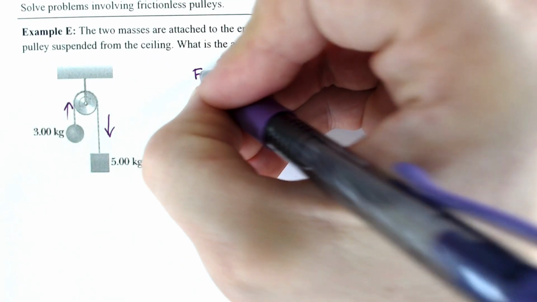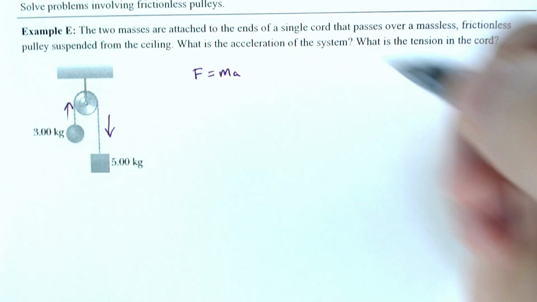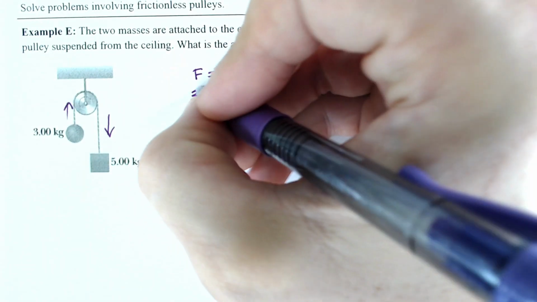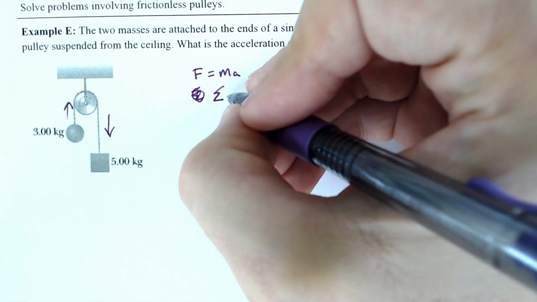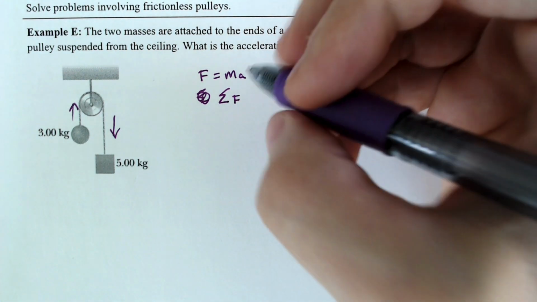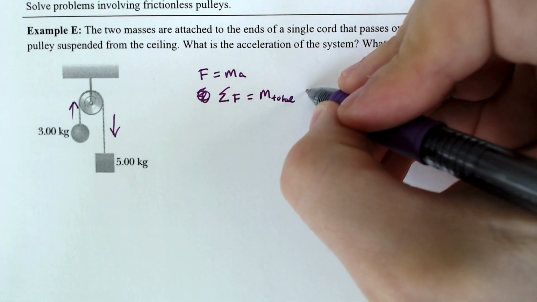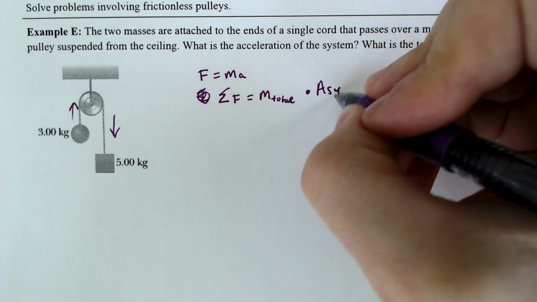And remember that force is equal to mass times acceleration. Therefore, the sum of all of your forces will equal the mass of the total system times the acceleration of the system.